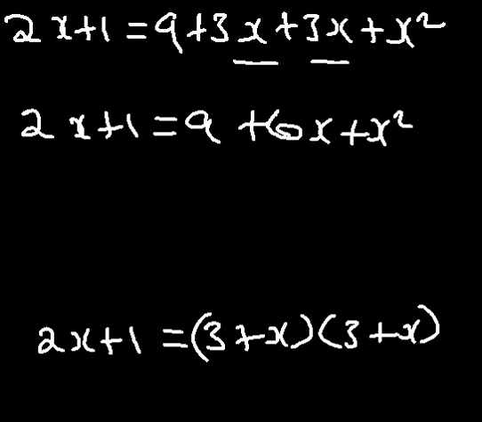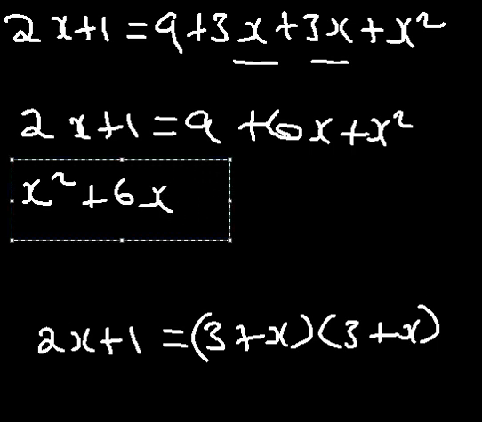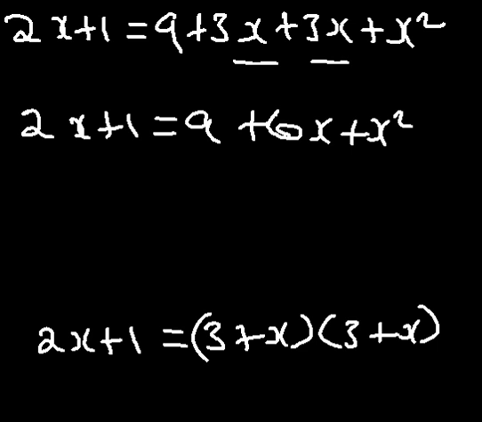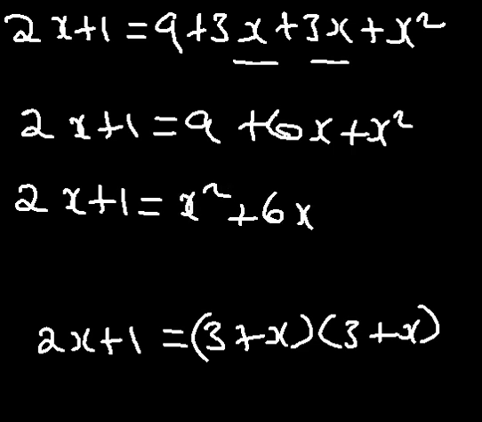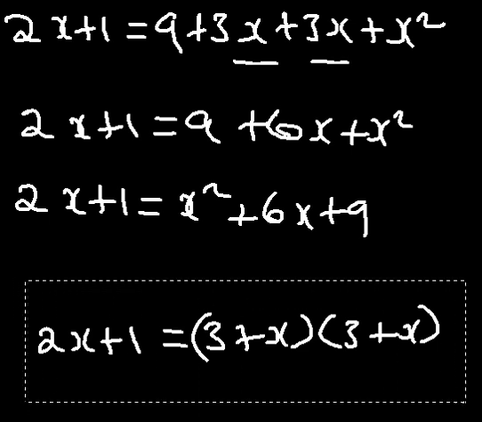And now what we are possessing is a quadratic equation. Let me have it in this way: 2x plus 1 is equal to x squared plus 6x plus 9. Then we're going to transfer the other terms to the other side.